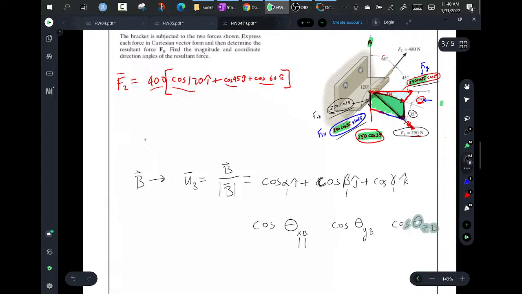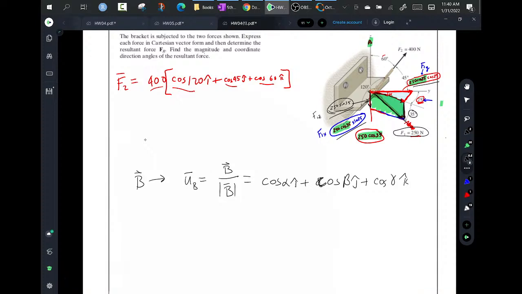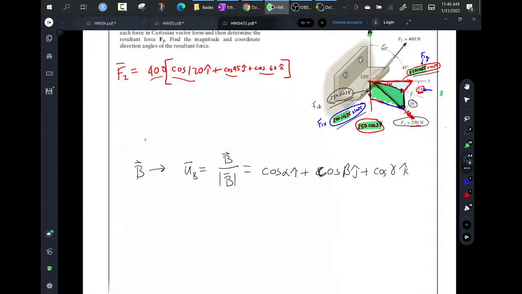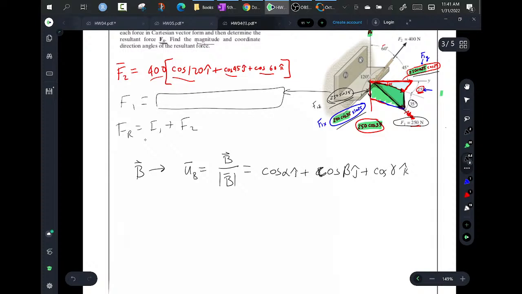But our book, and it's probably just fine the way our book is, designates alpha, beta, and gamma. Other books, and math books do this too, designate the angles between two different vectors. So once you find the resultant force, which is nothing more than F resultant equals F1 plus F2, you add them together and you'll get the resultant.